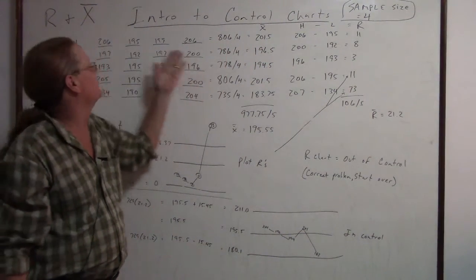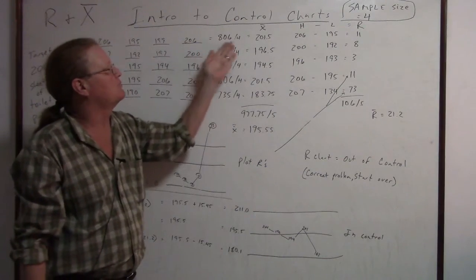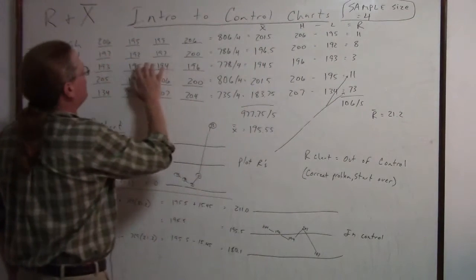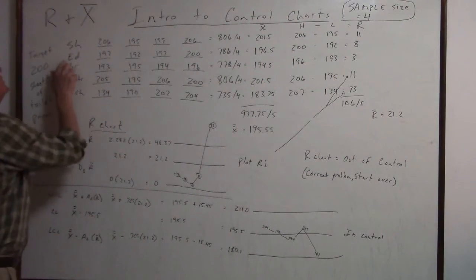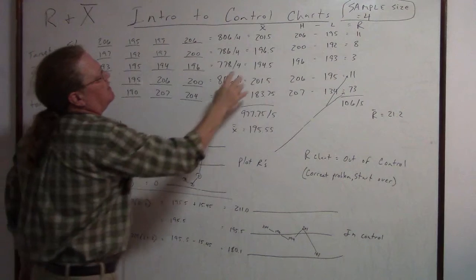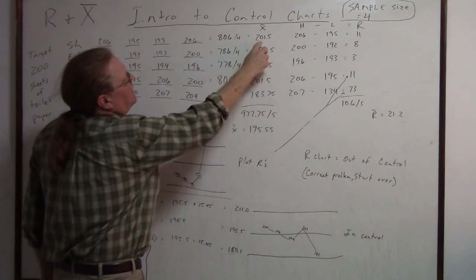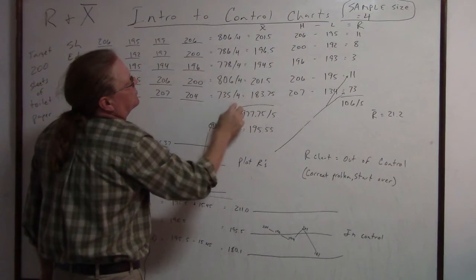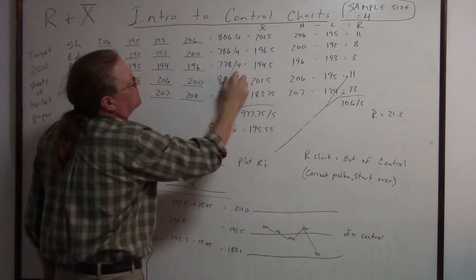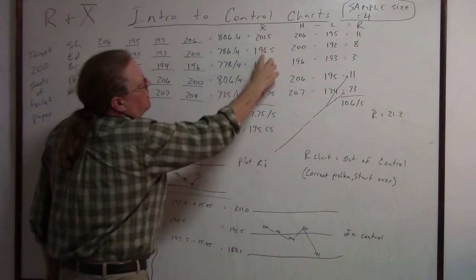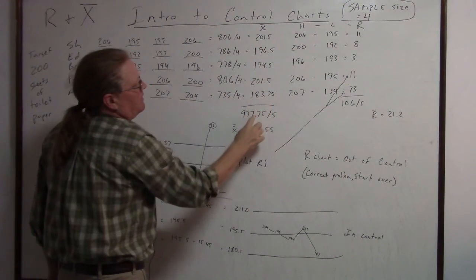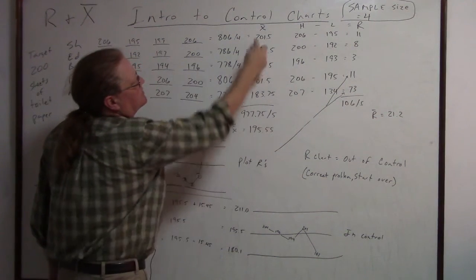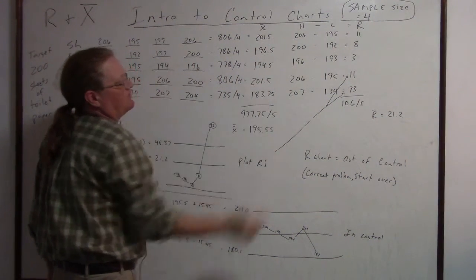It's an average, right? Total divided by 4 equals our average. So we do this for each of the 1, 2, 3, 4, 5 sets of data, sample sets, and we add up those averages. We have the averages, then we get a total, and then we divide by 5 because there's 1, 2, 3, 4, 5 of them.